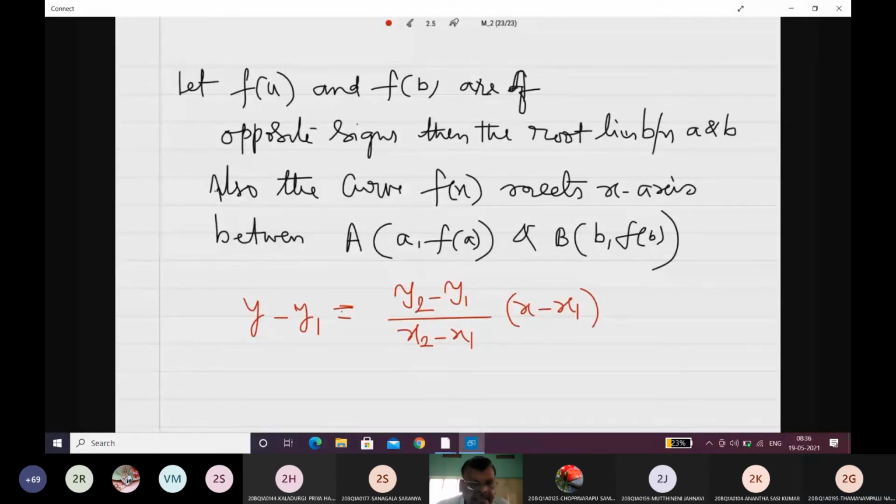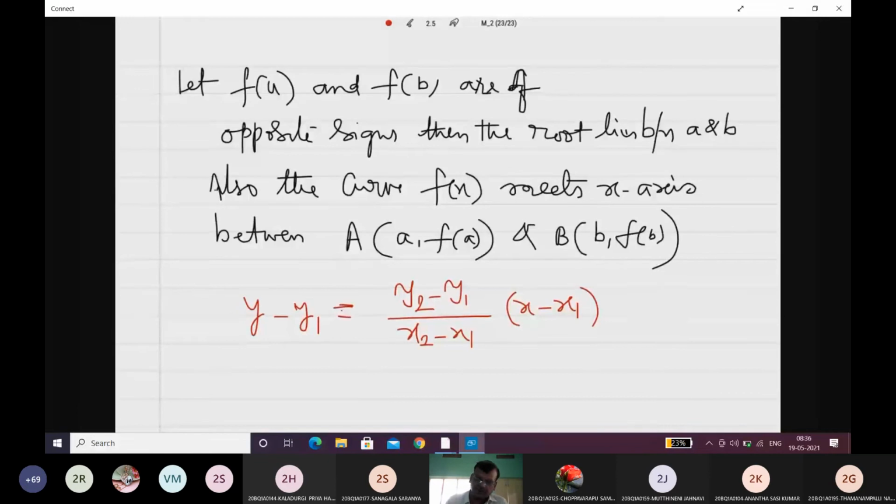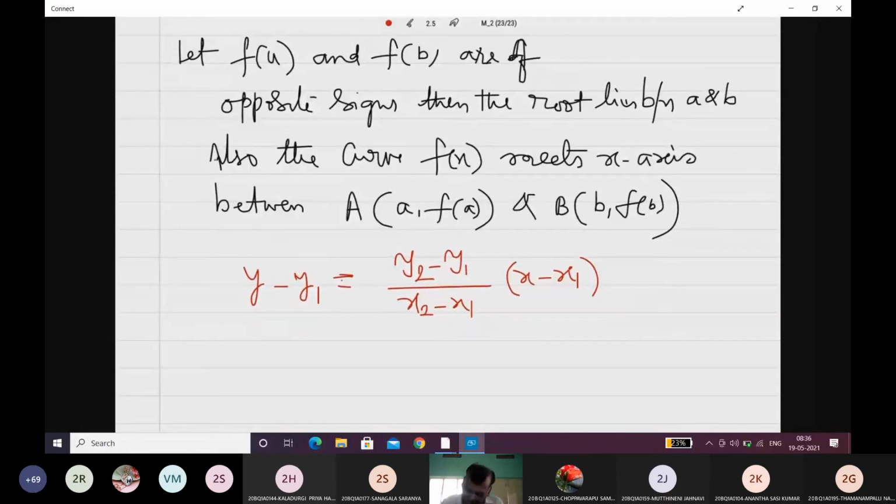Here x1, y1 is equal to a comma f of a and x2, y2 is equal to b comma f of b. That we have to substitute, and we can find the chord equation.